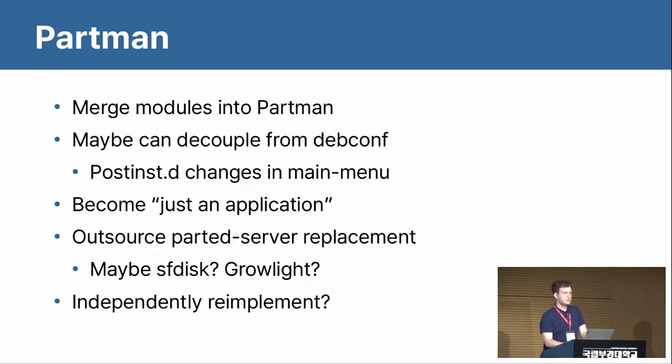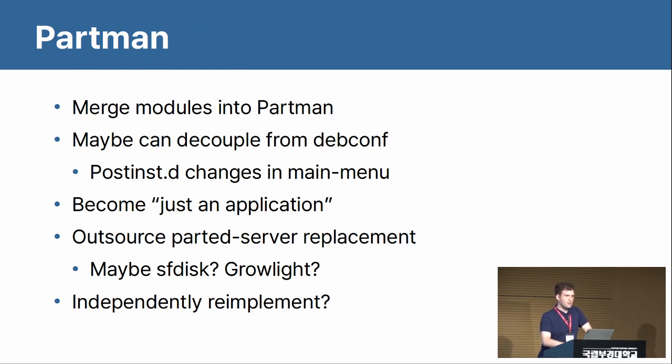Or we might replace its core things with other things, like it uses some custom parted server thing. We might replace it with sfdisk. That would be easier to work with.